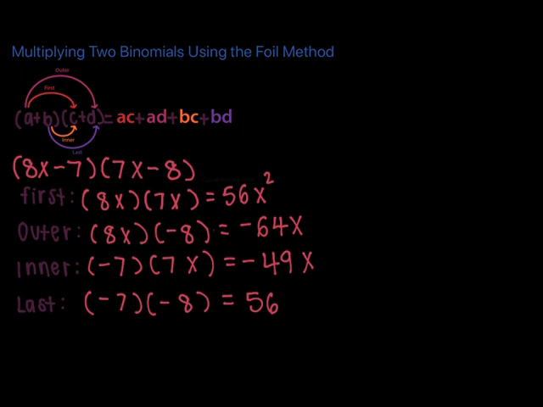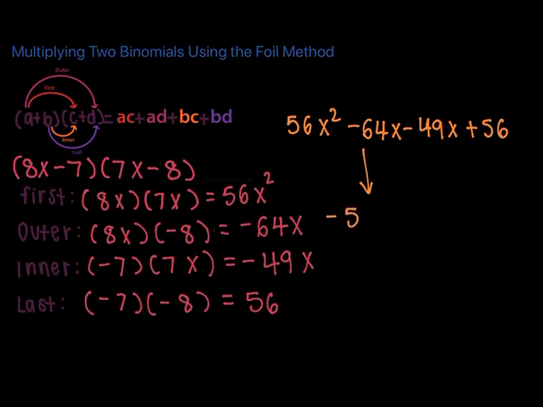Now to put our terms together, so 56x squared minus 64x minus 49x plus 56. Let's check to see if we have any like terms, and obviously negative 64x and negative 49x are like terms, so negative 64x plus negative 49x would be negative 113x.